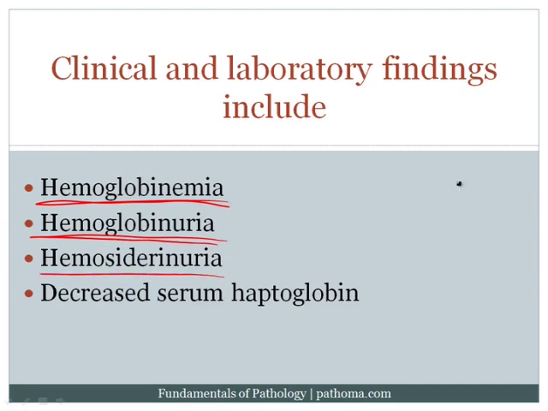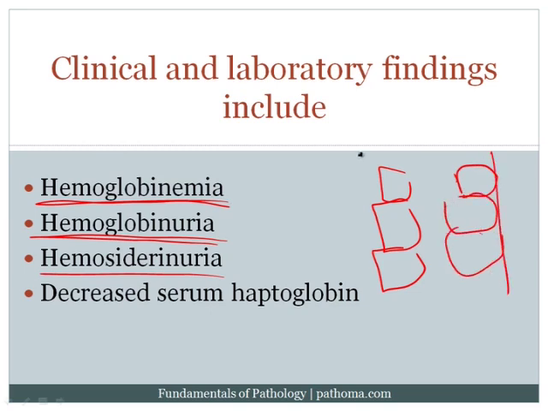What's hemosiderinuria? Well, as the hemoglobin is going through the tubules, let's draw a tubule here. This is the epithelial cell of the tubule. This would be the basement membrane and this would be the lumen. As hemoglobin is going through this tubule, some of the hemoglobin will be taken up by the renal tubular cells.